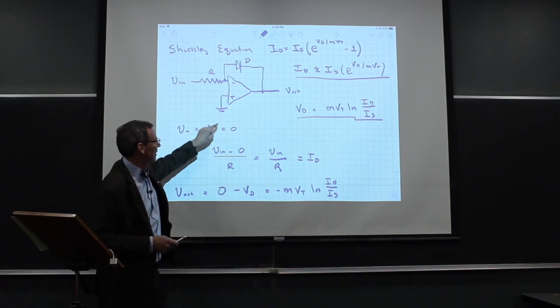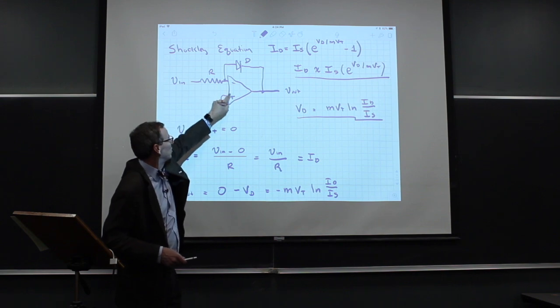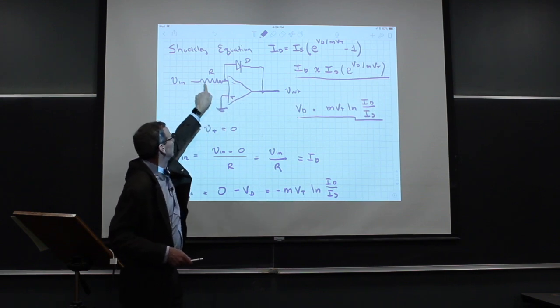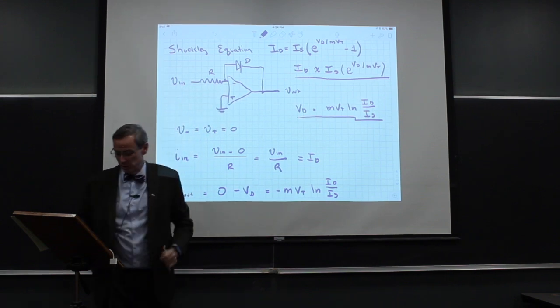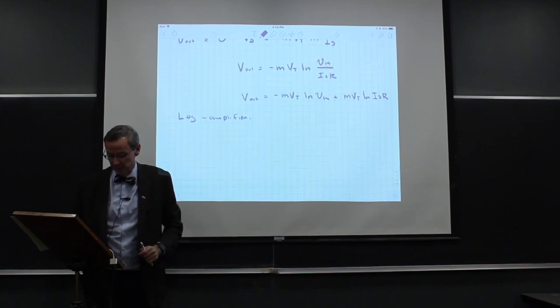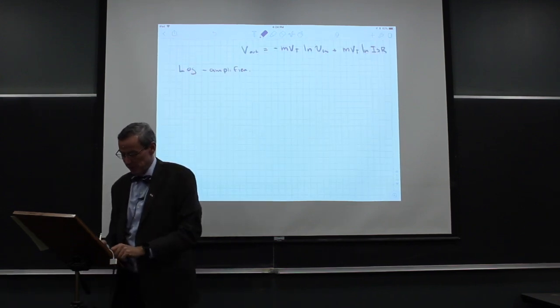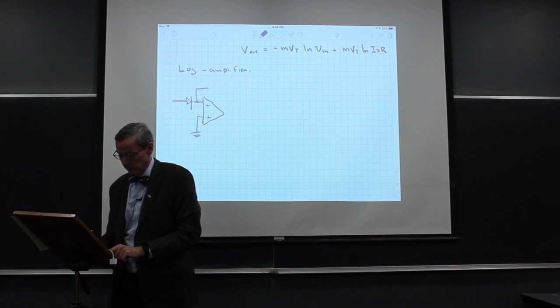So you would expect that the output voltage may well be proportional to the exponential of the input voltage. And we can see that. Let's just flip that here. We'll put our diode here. Resistor, diode, V in, V out.